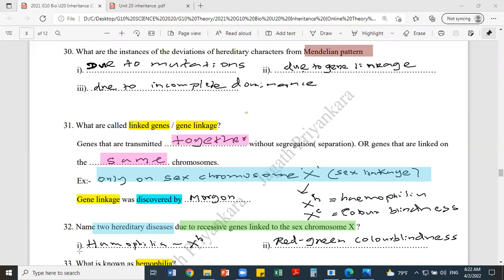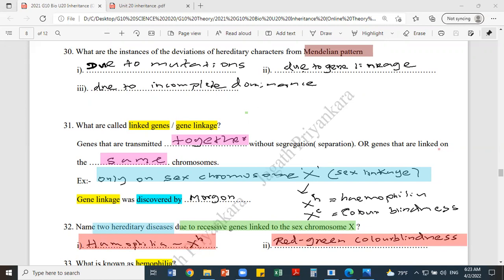There are four hereditary diseases: hemophilia, color blindness, thalassemia, and albinism. Out of these four, only two hereditary diseases are caused by this problem, that means due to the recessive gene linked on the sex chromosome X: hemophilia and red-green color blindness.